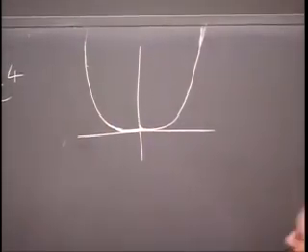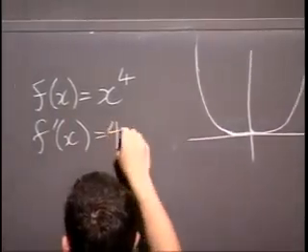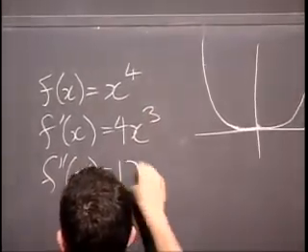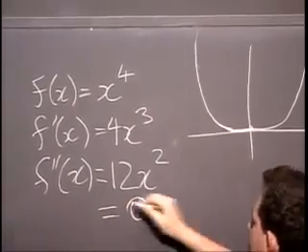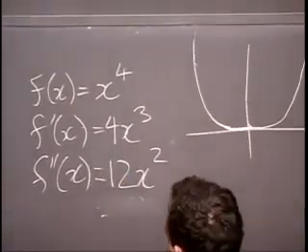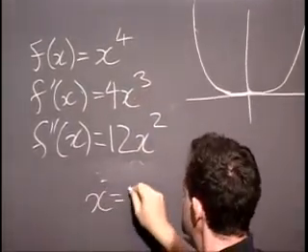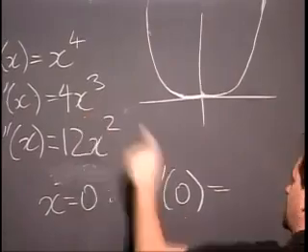In any case, the point is that if you take the first derivative, you get 4x cubed. You take the second derivative, you get 12x squared. Let's just say that x equals 0 is a critical point. We have the first derivative, 4 times 0 cubed is 0.